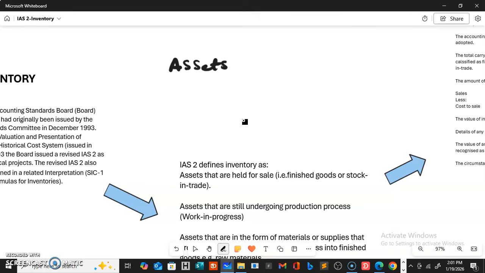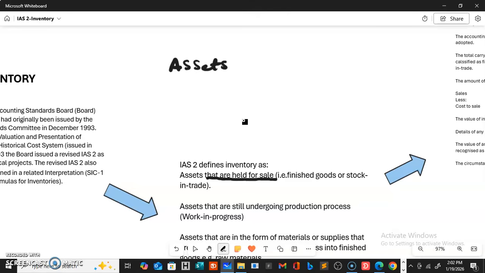And we know that assets are items owned by the organization from which the organization expects economic benefit in future years. So inventory, according to IAS-2, is simply assets that are held for sale. And these assets held for sale are in the form of finished goods or stock in trade.